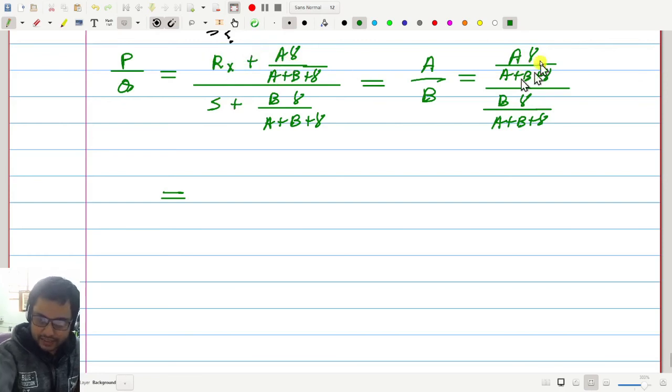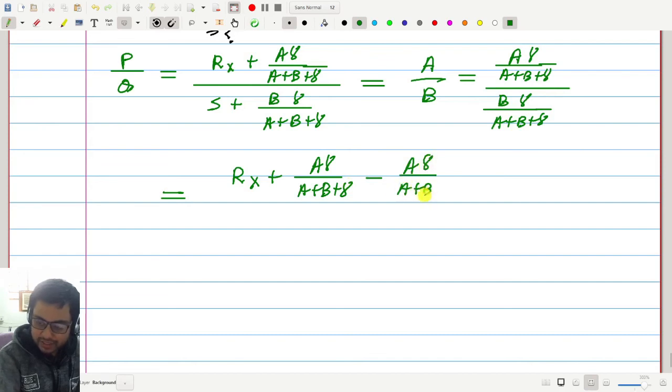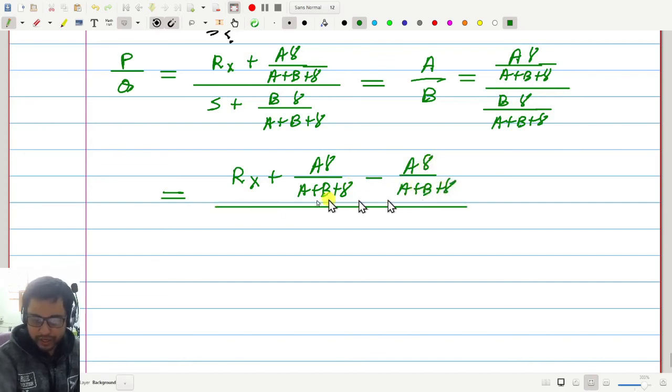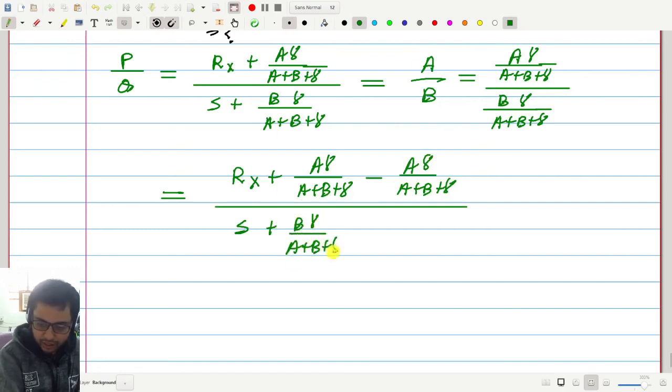subtract this and this. So you will get Rx plus this minus this. Okay. So that will cancel. Let me write A gamma by A plus B plus gamma minus A gamma by A plus B plus gamma, whole divided by S, this plus B gamma by A plus B plus gamma minus B gamma by A plus B plus gamma.